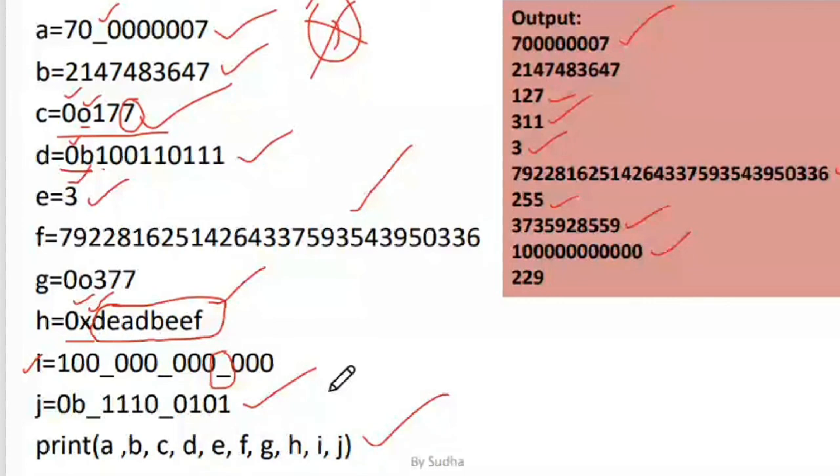The last one is a binary literal, which has a 0 and B, and it is given to you as output in decimal format, which is 229. Does everybody understand the decimal, octal, binary, and hexadecimal formats? Yes, girls, is it clear?